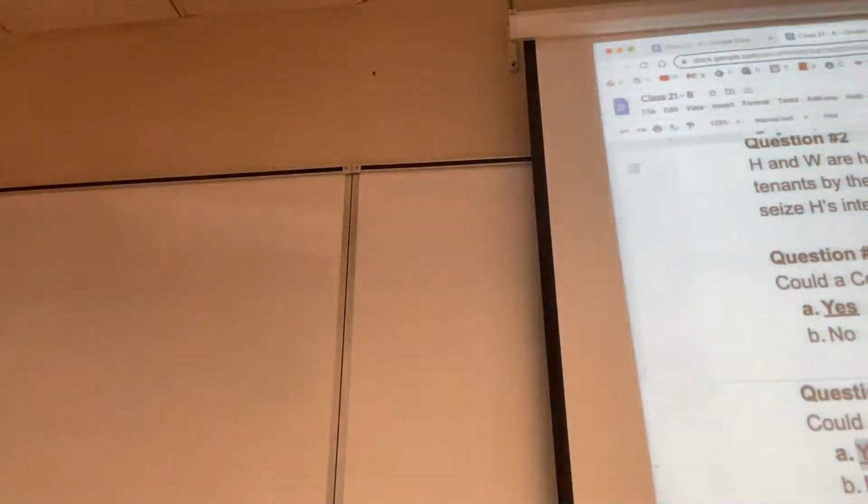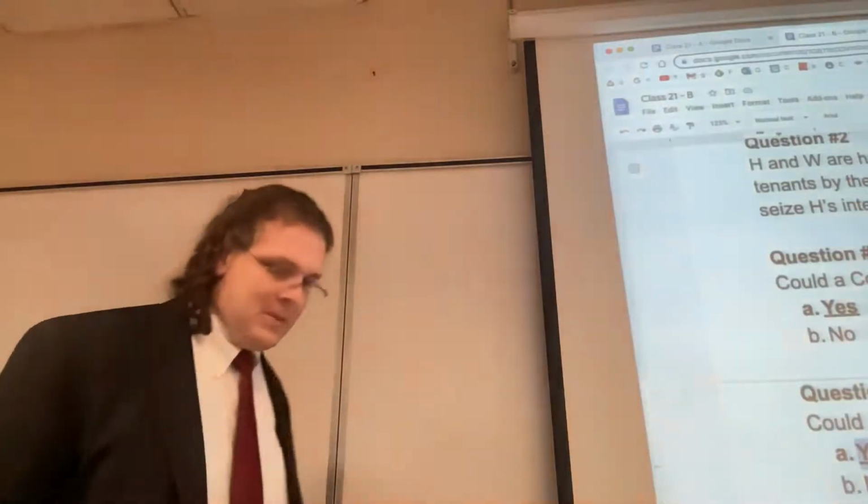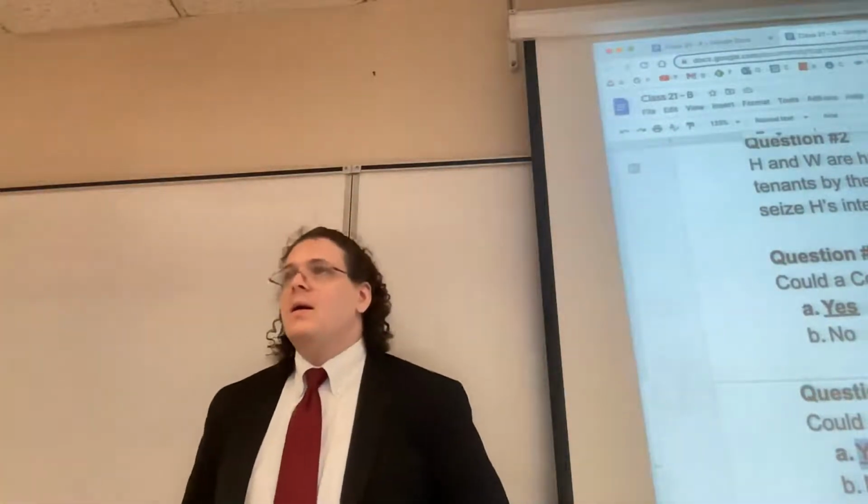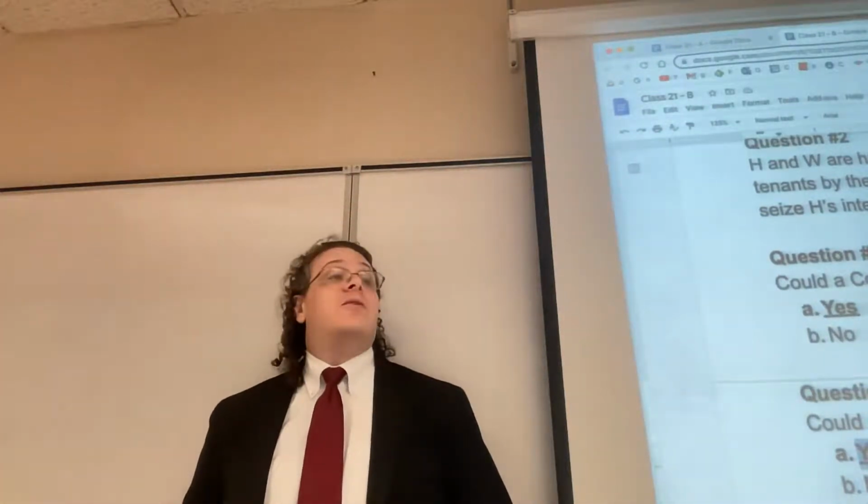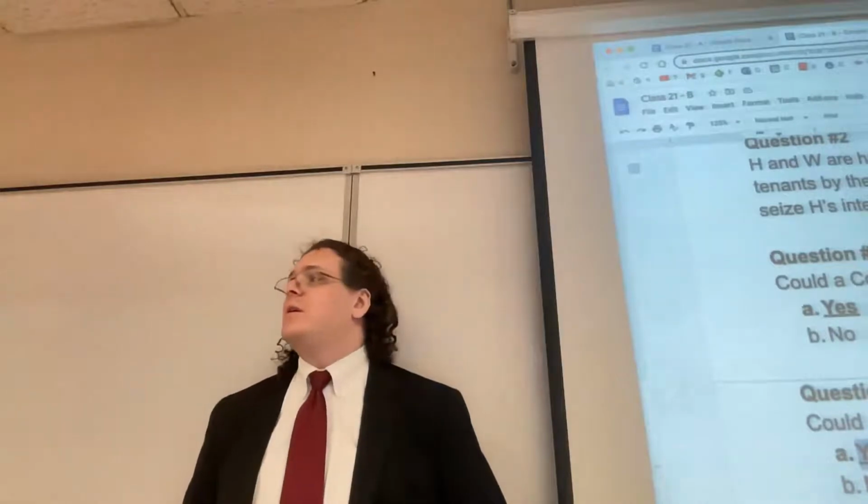It's just because you can't use the property to satisfy either one of the spouse's debts. What's the rationale for number 3? The rationale is that they want to keep the home as one, and they want to protect the house. Their property. Okay, very good.